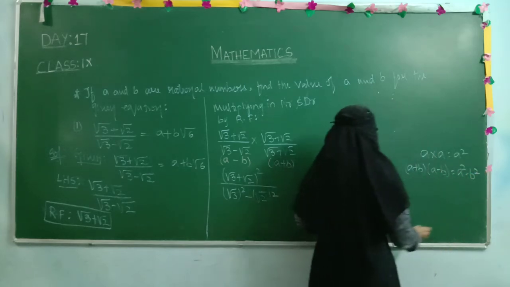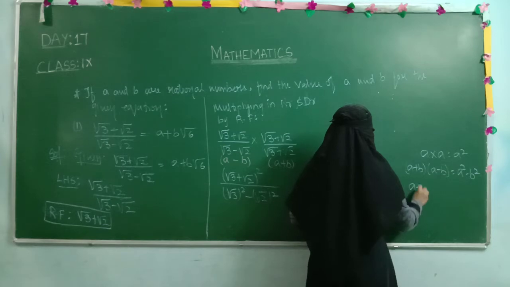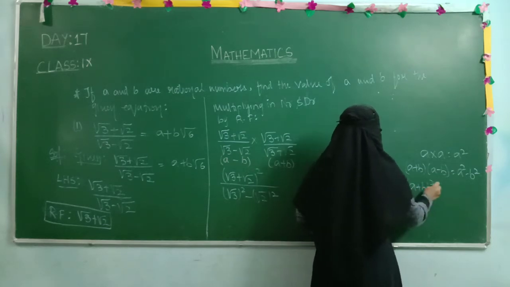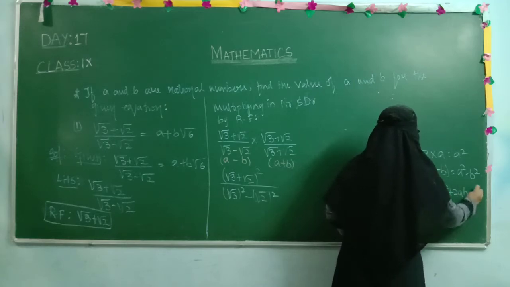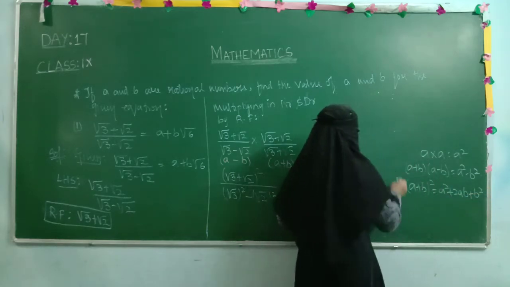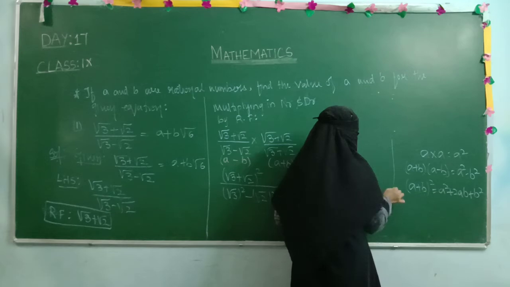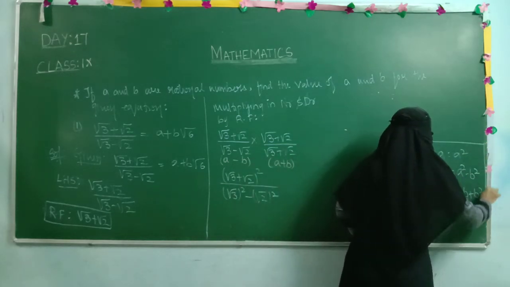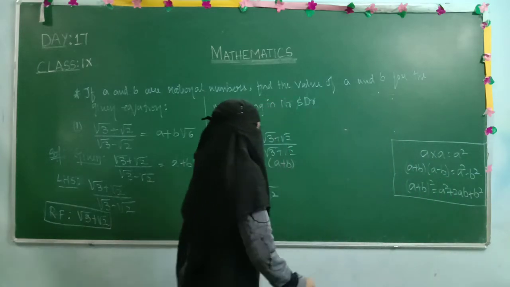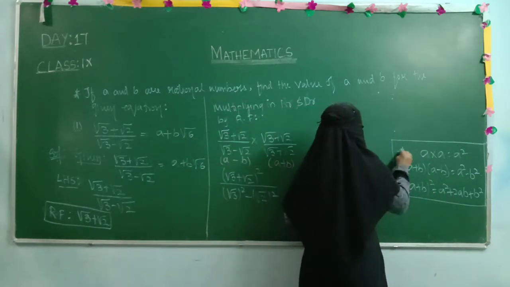These identities are very, very important. The next one we are going to expand: a plus b whole square, which is nothing but a square plus 2ab plus b square. These are the three different identities we have used here.